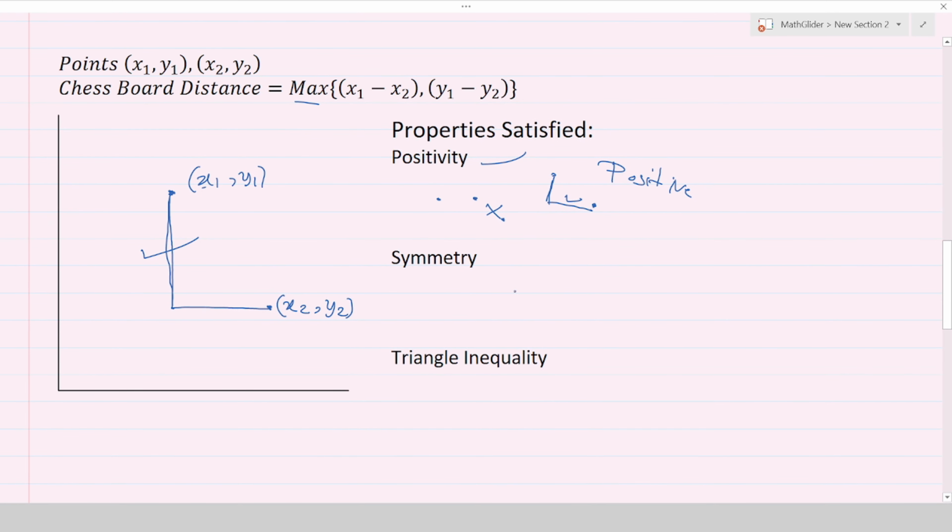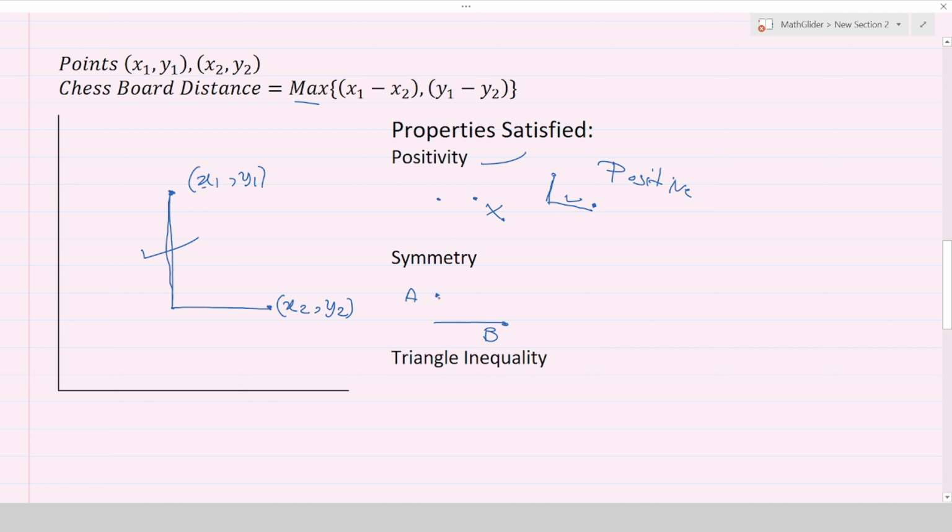Let us see symmetry. If you take any 2 points, A and B, the distance between them is the length of this, right? You can visualize now that this is symmetric.